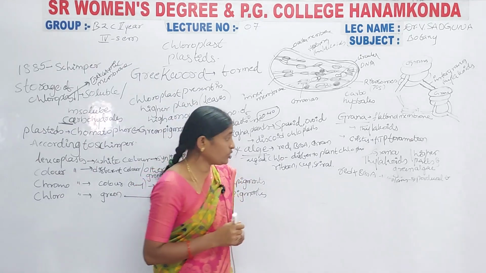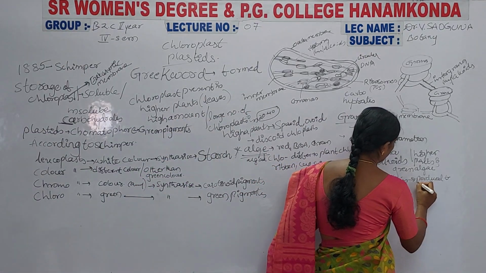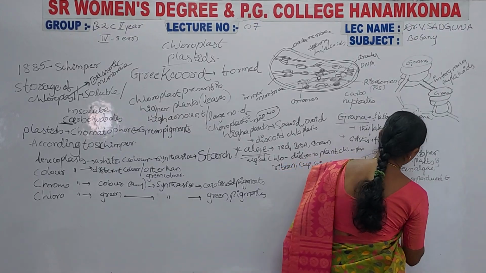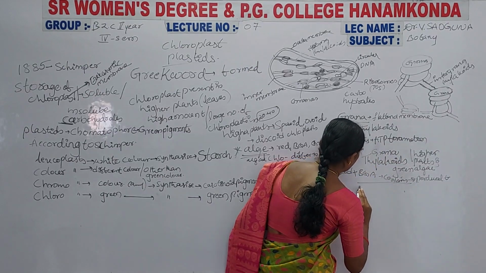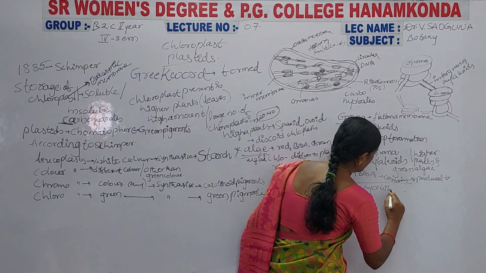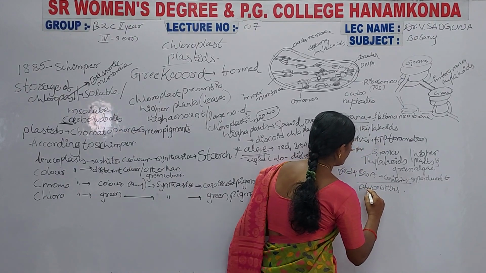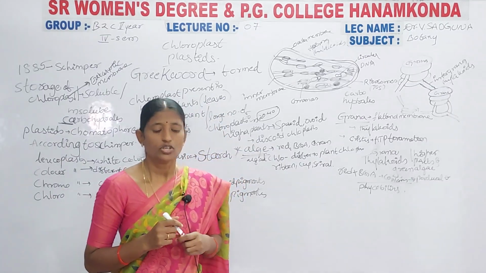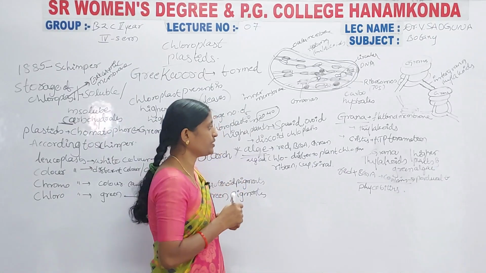The phycobilins are mostly used in photosynthesis pigmentation.